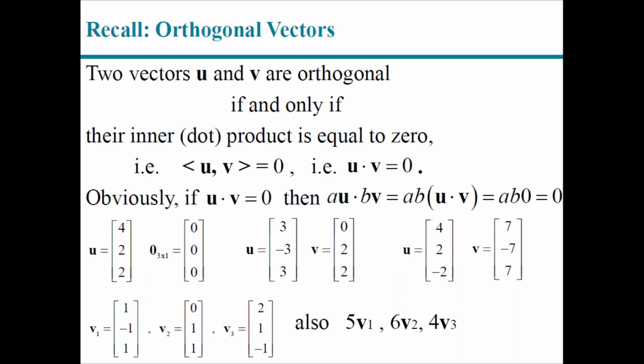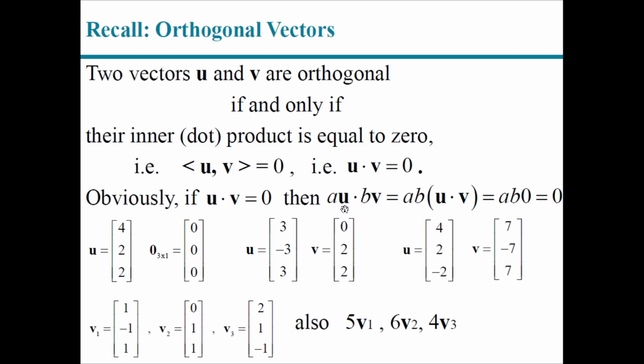Reminder of orthogonality of vectors. For us, again, it will be just the simple dot product. So two vectors u and v are orthogonal when their dot product is 0. This exotic notation also works, it's fine. It's called inner product or dot product for us. Obviously, if the dot product of two vectors is 0, any scalar multiple of the vectors, well, their dot product will also be 0.